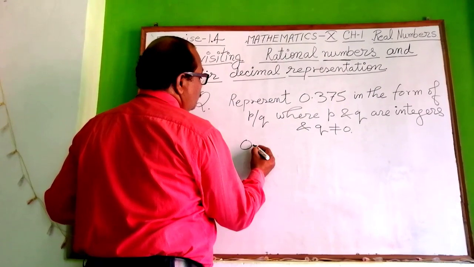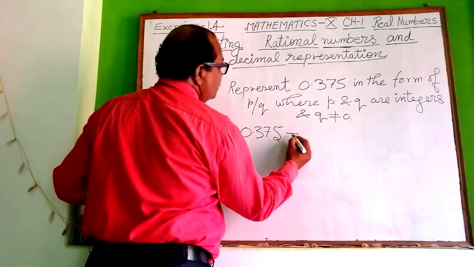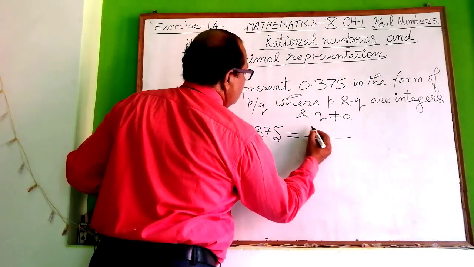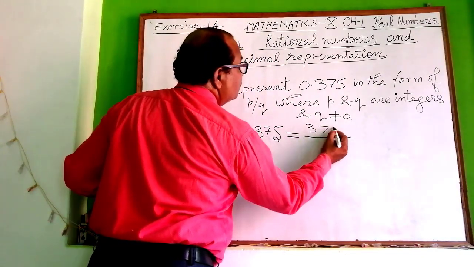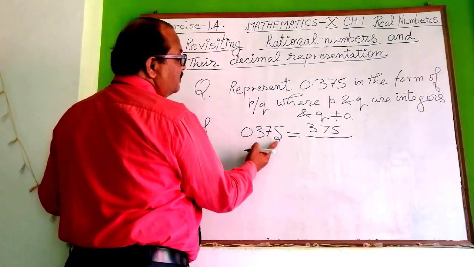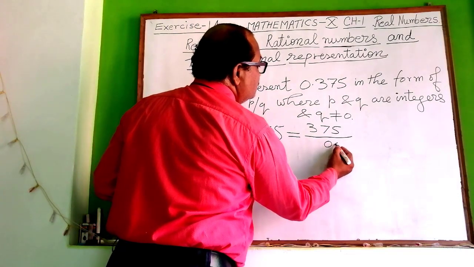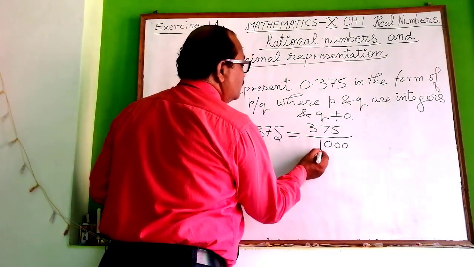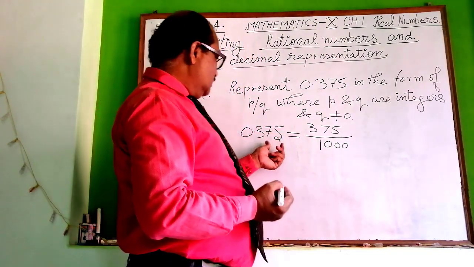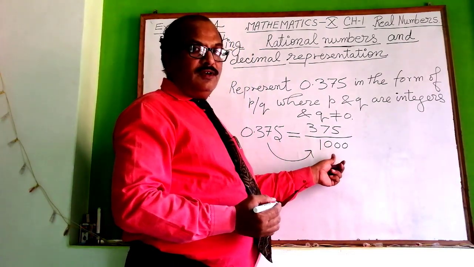So 0.375, this can be written as 375. After decimal place, 3 decimal places, the number is terminating. So make 3 zeros and 1. So now the number is in the form of P upon Q.